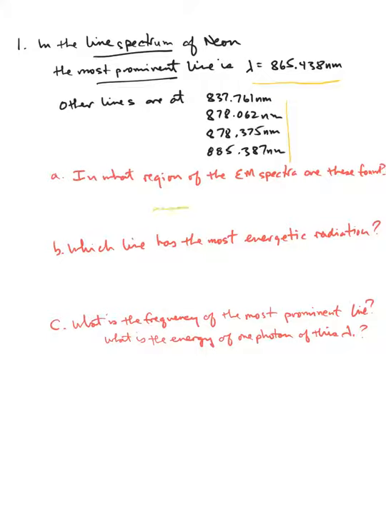This is basically going to be helpful if you just remember two numbers. If you remember that visible light is between 400 nanometers and 700 nanometers. The long wavelength side is red. That's the 700 nanometers.